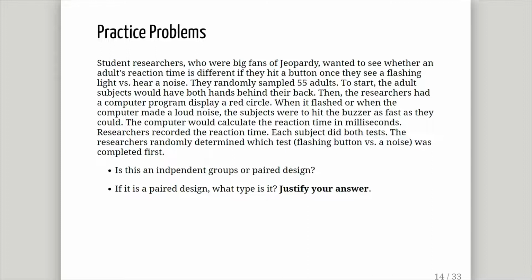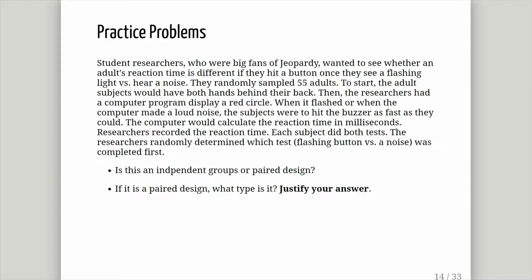They randomly sampled 55 adults. To start, the adult subjects would have both hands behind their back, just like they would in Jeopardy. Then the researchers would have a computer program display a red circle. When the red circle flashed, or when the computer made a loud noise, subjects were to hit the red circle or the buzzer as fast as they could.